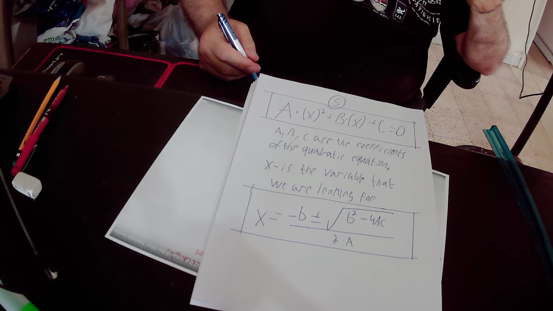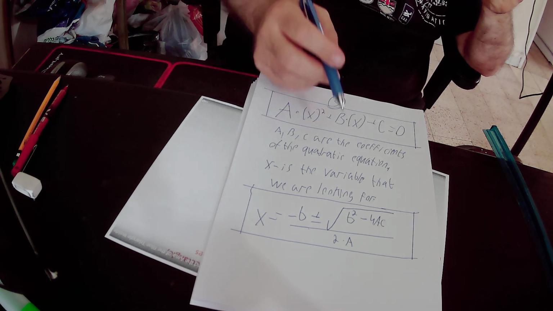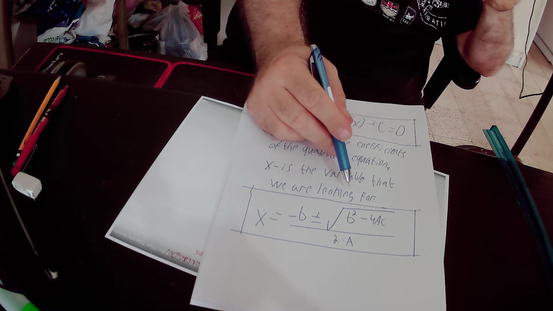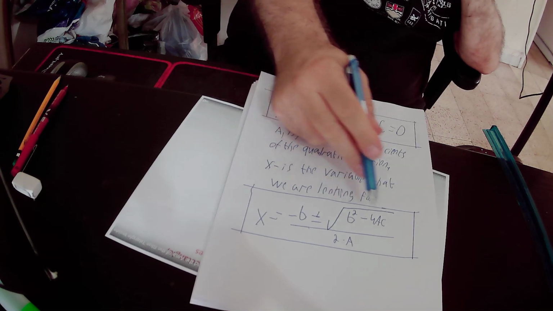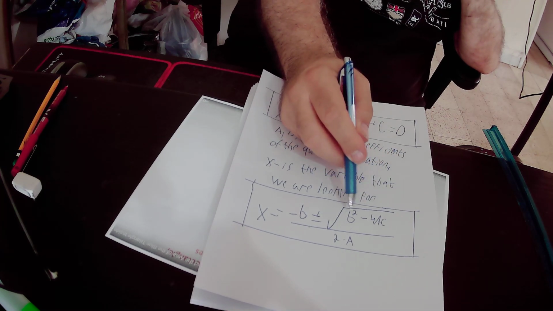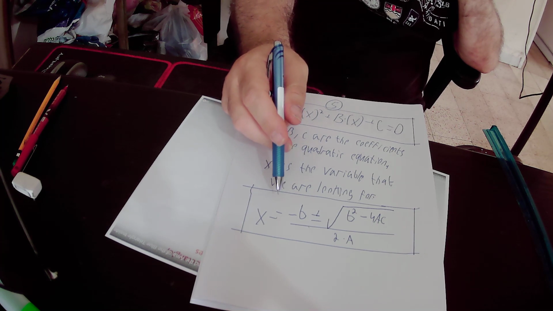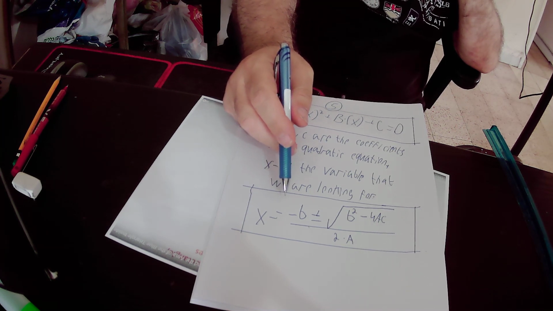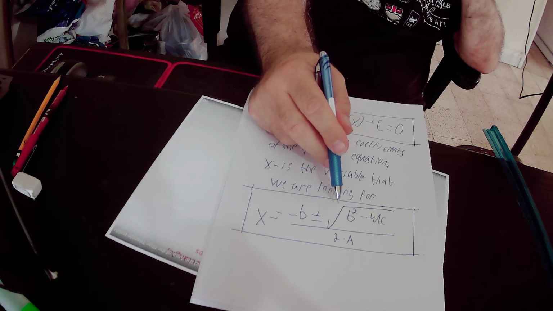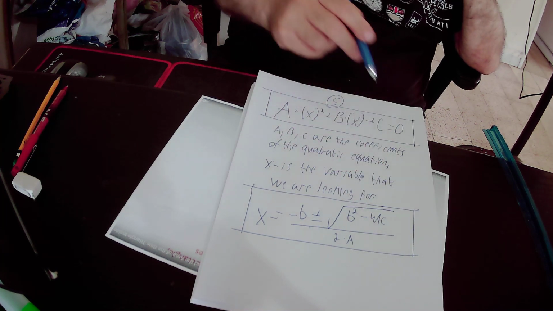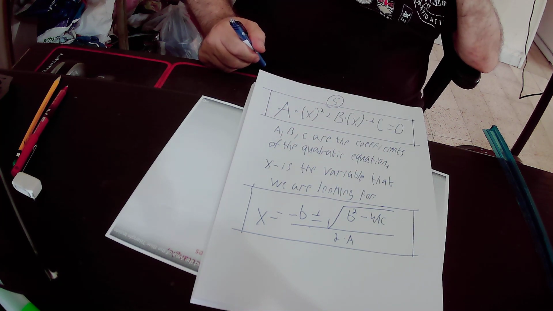The first solution will be minus b plus the root of this, and the second solution will be x equals minus b minus the root of this.